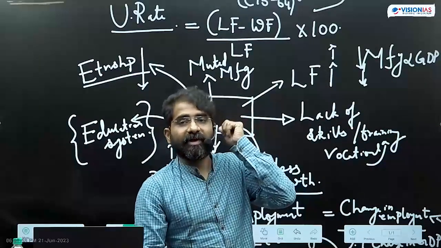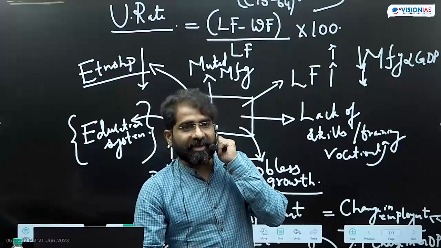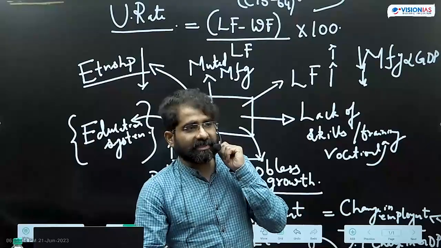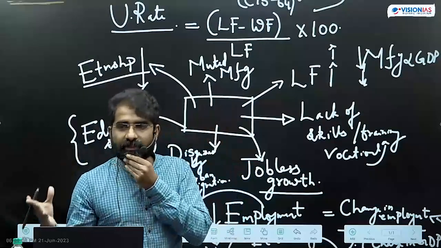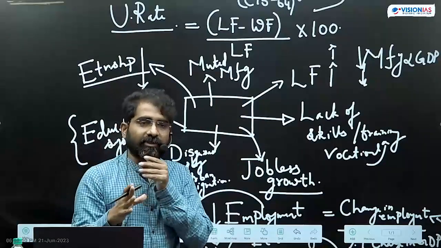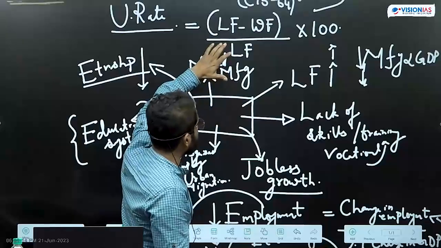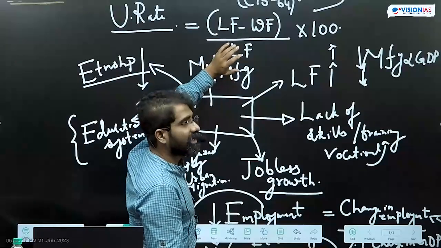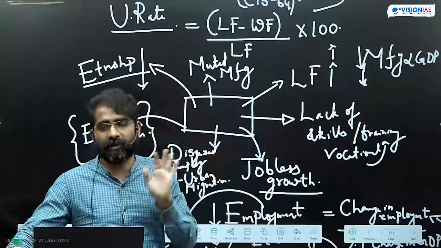So therefore, very few jobs get created in the manufacturing sector. How do you shift the labor from the agriculture sector to the manufacturing sector? So this is a big challenge. Manufacturing is one area which has to develop if you have to really create employment. You cannot depend on the services sector as of now.